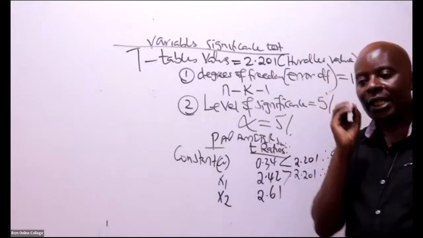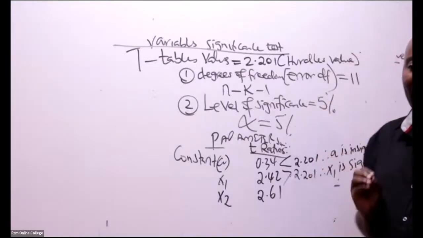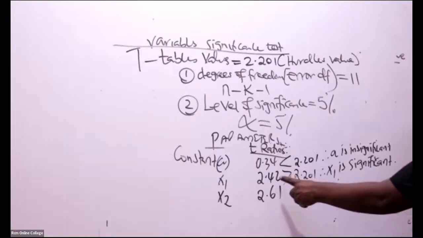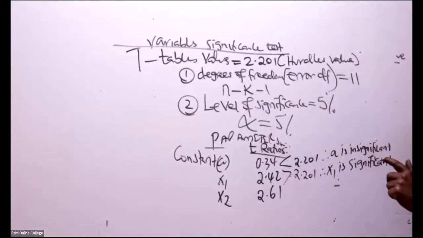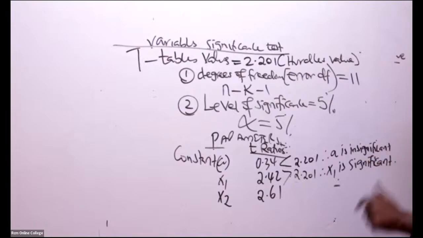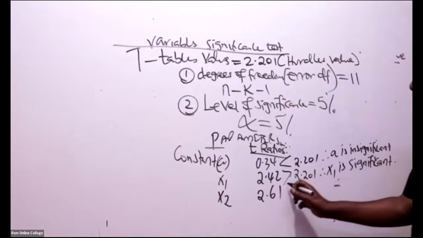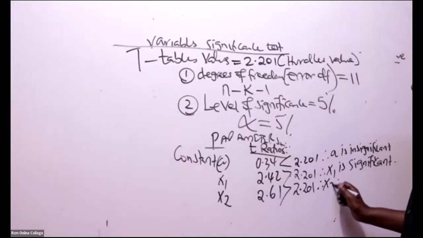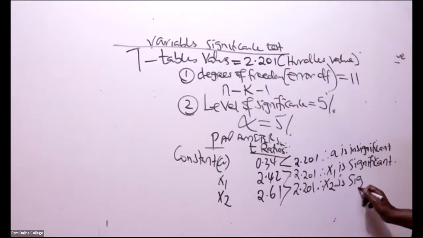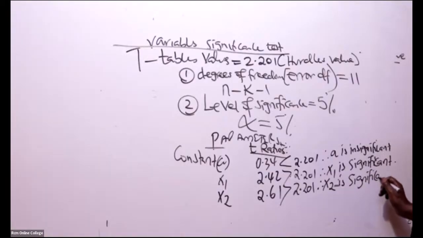The t table is the threshold of significance. You can see 2.42 is bigger than this value. All right. Then we have 2.61, x2, ladies and gentlemen. Again, this is more than 2.201. Therefore, x2 is significant as well.